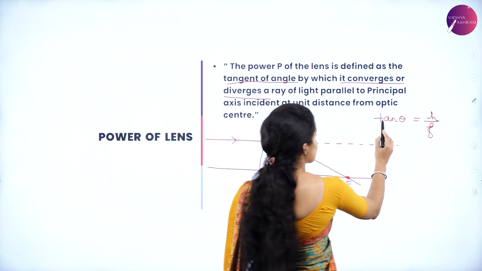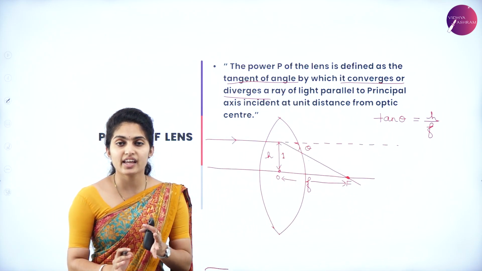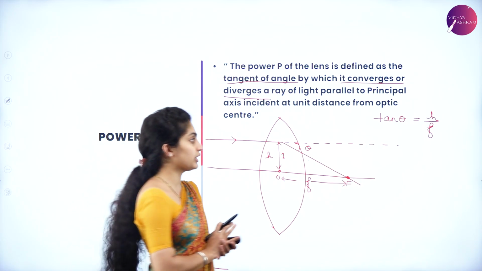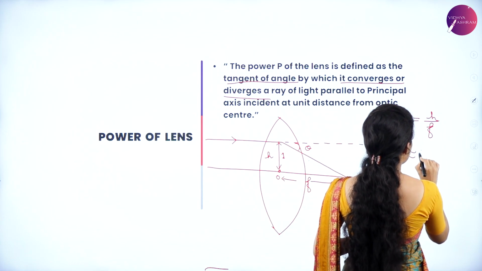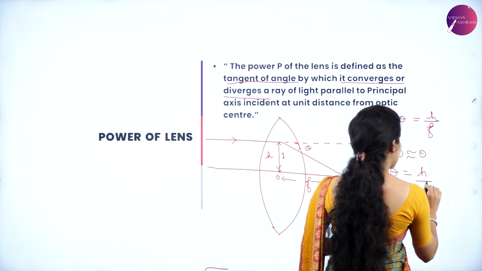Suppose in case it is very much closer, then tan theta becomes approximately equal to theta. So we have theta is equal to h divided by f.